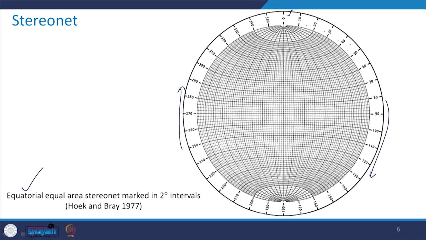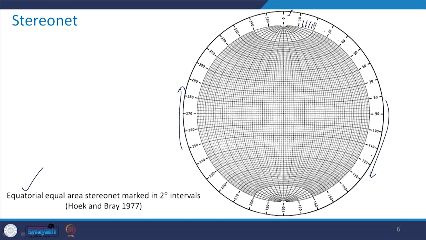Every 10 degrees is further divided into 5 parts, 1, 2, 3, 4 and 5, that means it is marked at 2 degree interval. That is why we are saying that this is the equatorial equal area stereo net, which is marked in 2 degree interval.